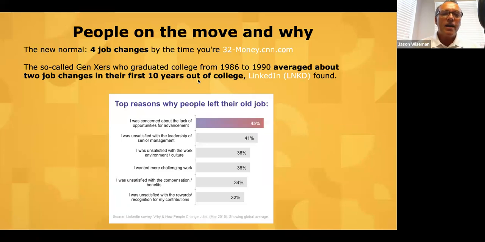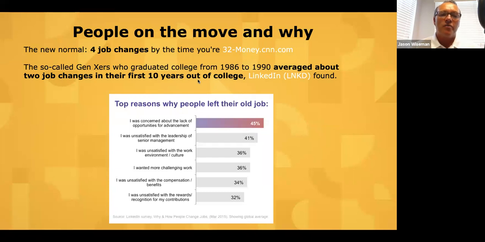Now, as far as the jobs are concerned, the new normal is 4 job changes by the time you're 32 years old. And the Gen Xers, which is my generation, averaged about 2 job changes in their first 10 years out of college. Now I'm 50. I've had a couple more job changes than that. Maybe it's because I was unsettled with what I was doing or unhappy, but there were reasons.